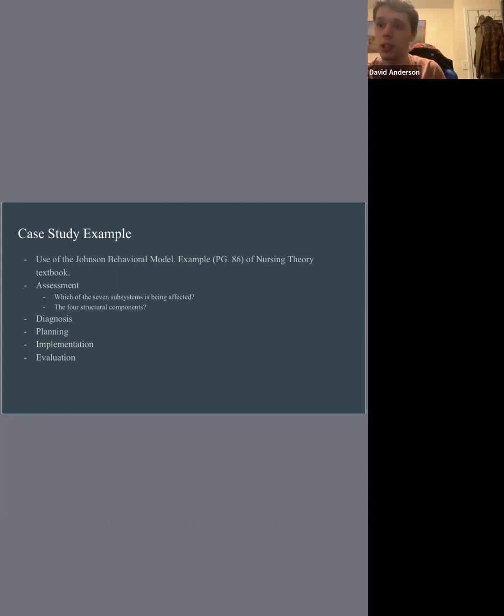And with this assessment, if we go in and read this, the patient is eating in excess more than they should be. And that's the subsystem that we are going to try and help fix, or help the patient fix themselves with their behaviors. So the subsystem being affected there is obviously going to be our ingestive.